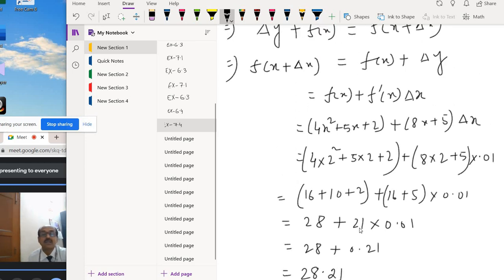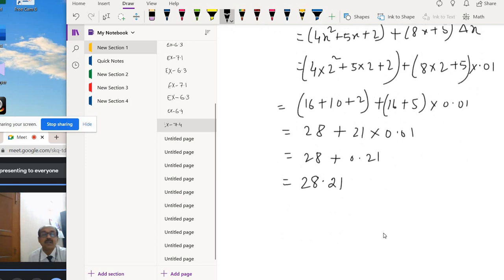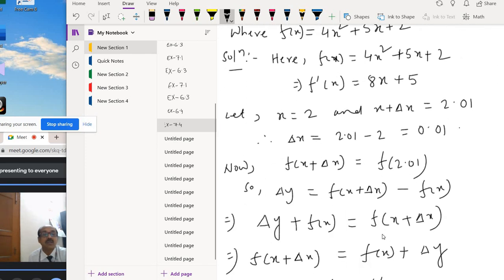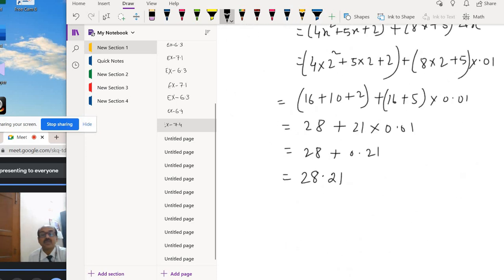And this is f of 2.01. The question is to find the value of f of 2.01, so it equals 28.21. This is the answer.